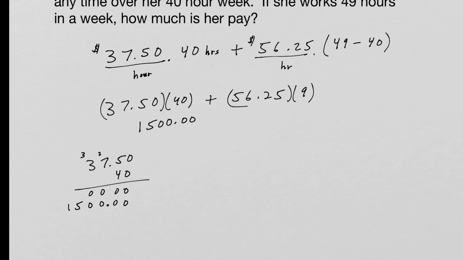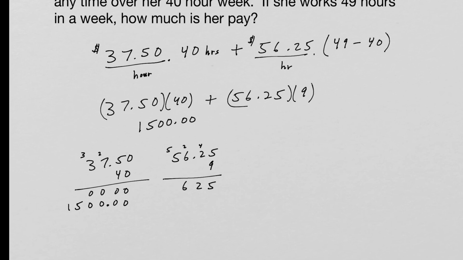And in the second piece, this is going to be 5625 times 9. Okay, so 9 times 5 is 45, so 5 carry the 4. 9 times 2 is 18, plus 4 is 22. Carry the 2. 9 times 6 is 54, plus 2 is 56.